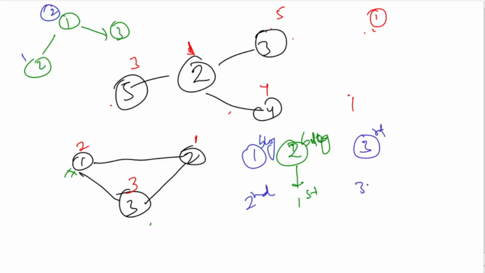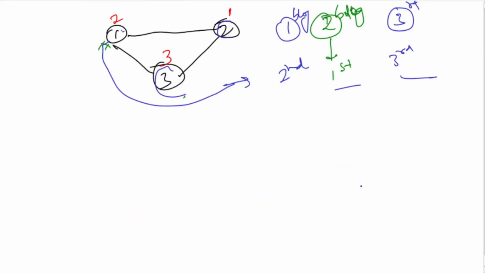So you can see that we have got our desired order, okay. Block 1 is covering topic 2, block 2 is covering topic 1, and block 3 is covering topic 3.